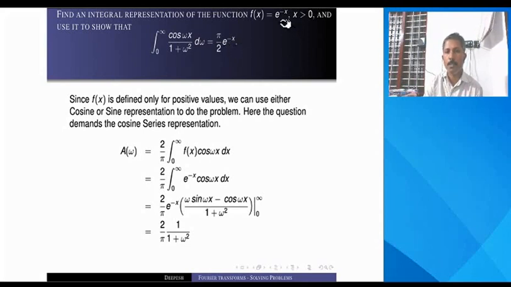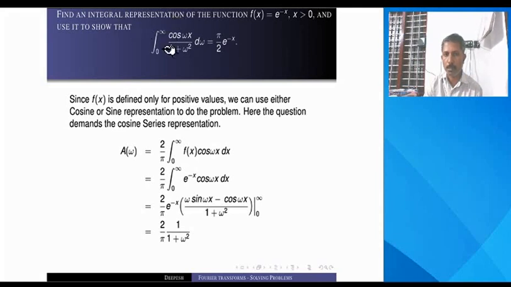Okay. And here what you can observe is this f of x is defined only on the positive part. So that indicates that you have to use the sine integral representation or the cosine integral representation. Any of them can be used, and here you are asked to find any of the integral representations.